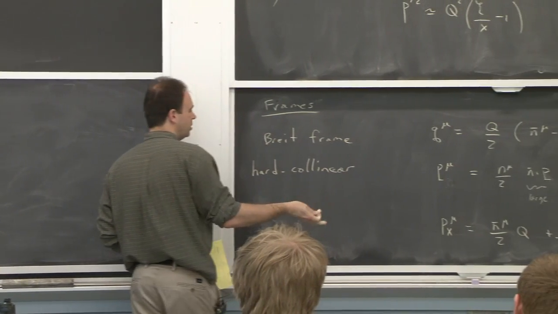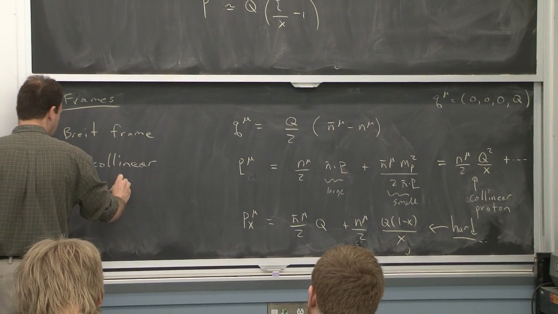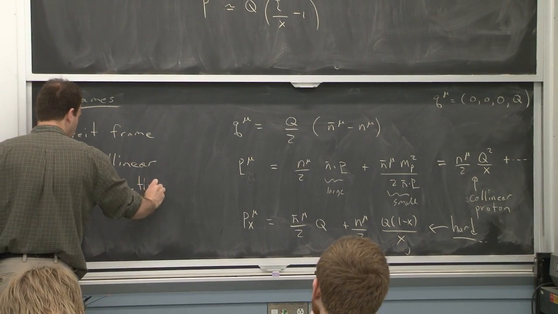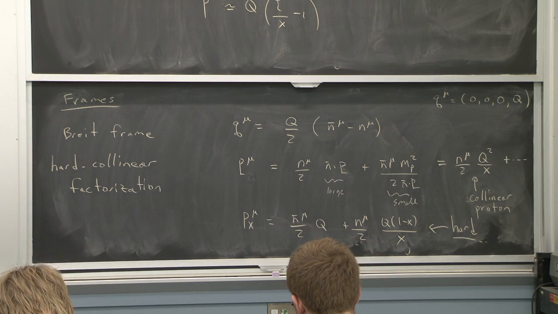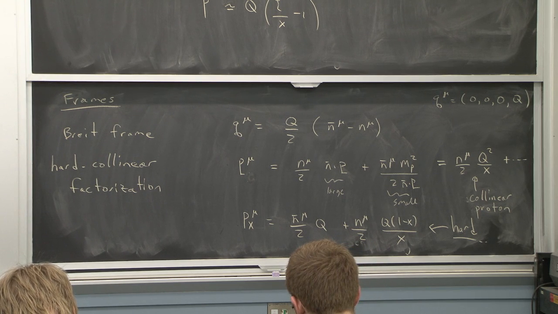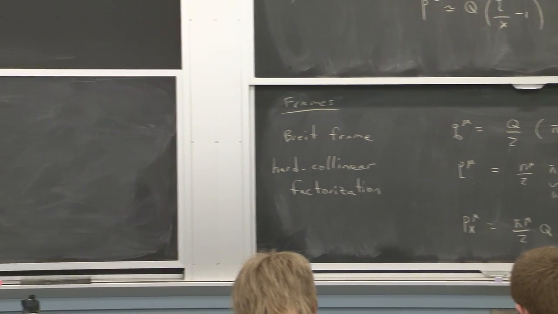Collinear describes the low energy degree of freedom, which is the proton. And hard describes the off-shell final state and the hard fluctuations. Really what we want to do in DIS in this classic case is just separate hard and collinear fluctuations, at least in this frame.